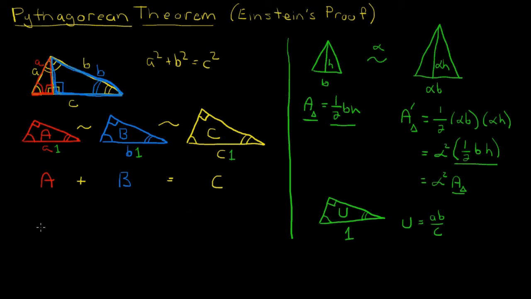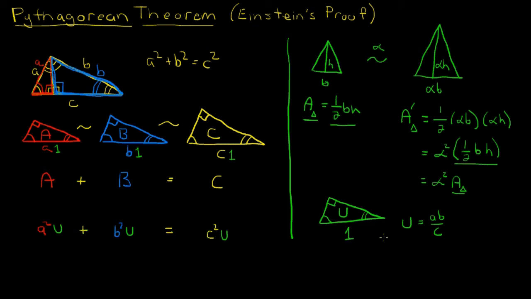Because it's a times 1, the scaling factor for area is a squared times our unit of area. For the blue triangle, it's b squared times our unit of area. And for the yellow triangle, it's c squared times our unit of area. And of course this is plus, this is equals, so we have a squared u plus b squared u equals c squared u.